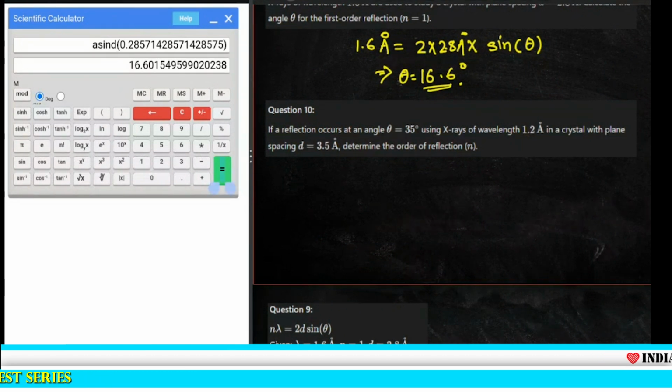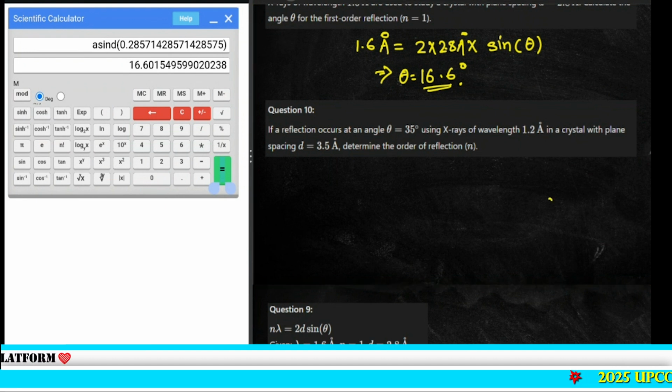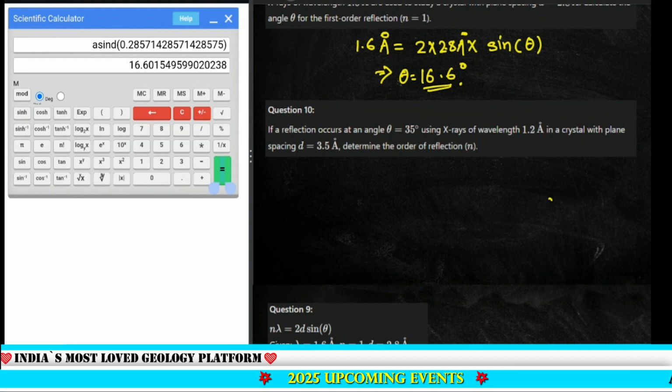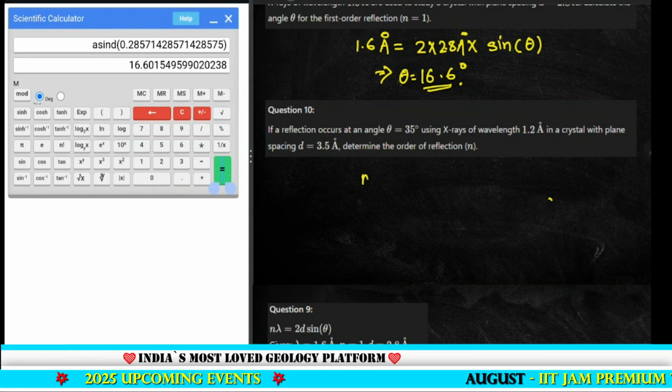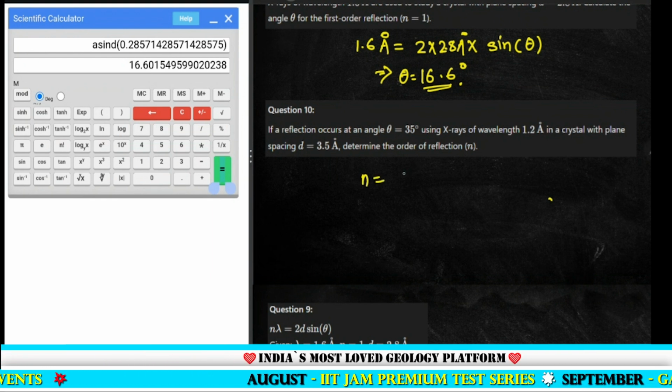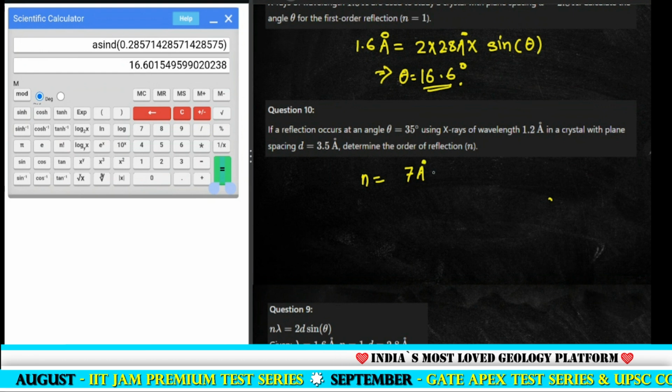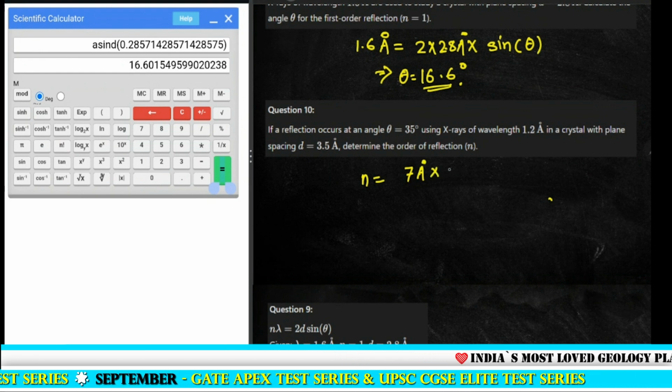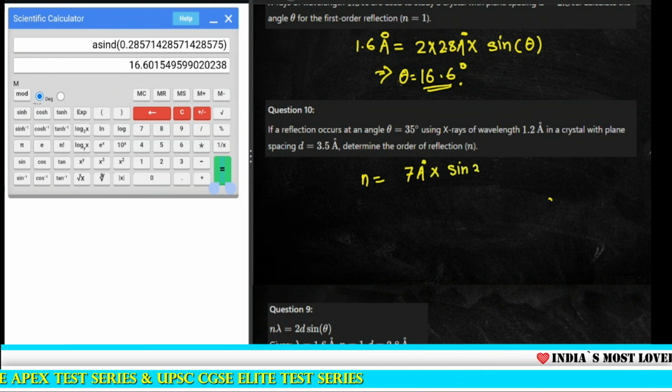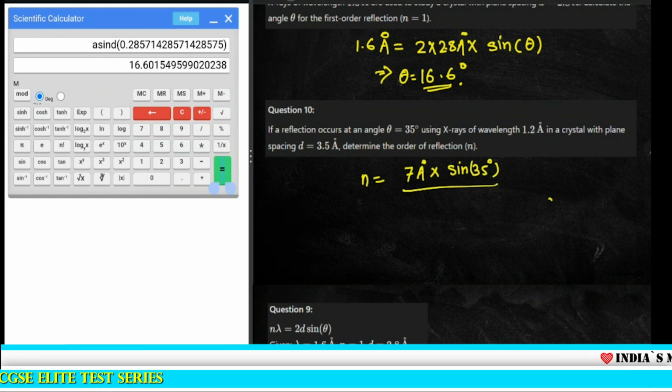The question number 10, this is the last question. n is basically, okay, 7 angstrom into sin 35 divided by 1.2 angstrom.